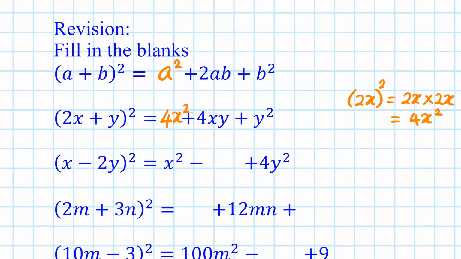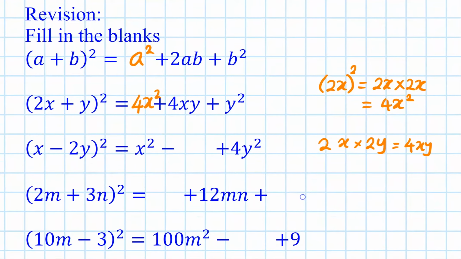Then x minus 2y squared: the middle term is twice xy. Here x is x itself, but y is 2y. Hence this becomes 2 times 2, 4xy. We write down 4xy. Here we have 2m as our x.